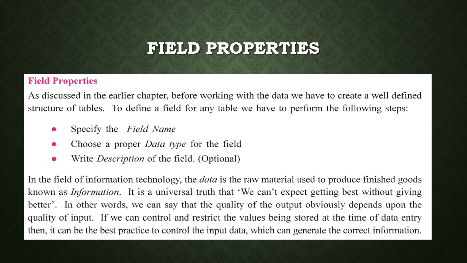Another example: suppose you are inserting a mobile number, but if you give fewer than 10 digits, or a character instead of a number, you will see a message saying this is wrong. So these are the field properties where some restrictions are given. According to the need of the database, we have to insert the record.